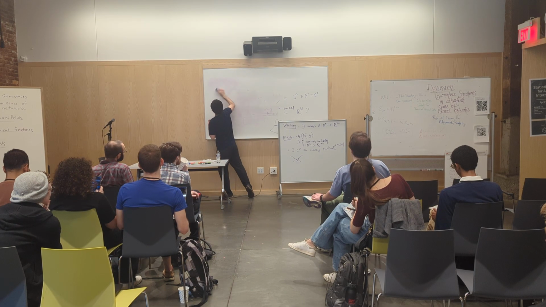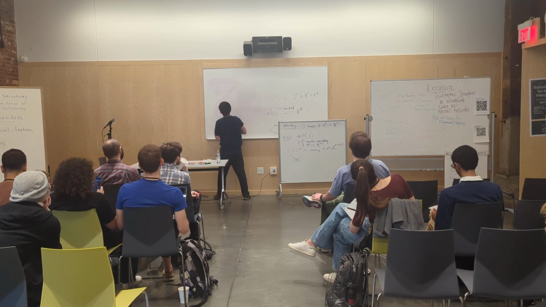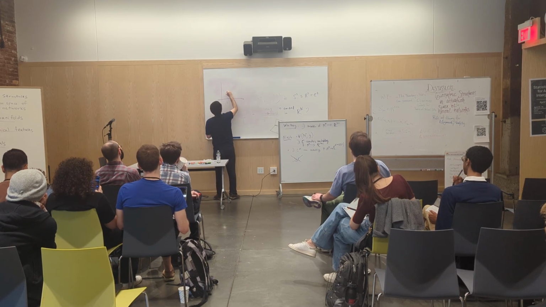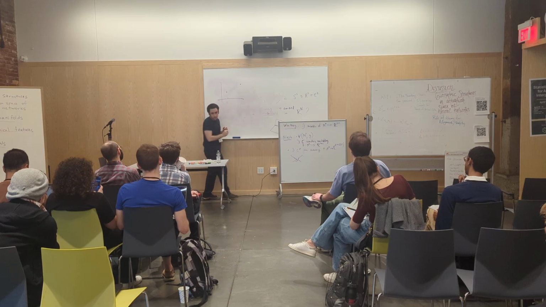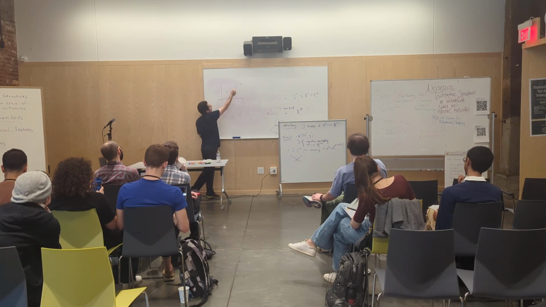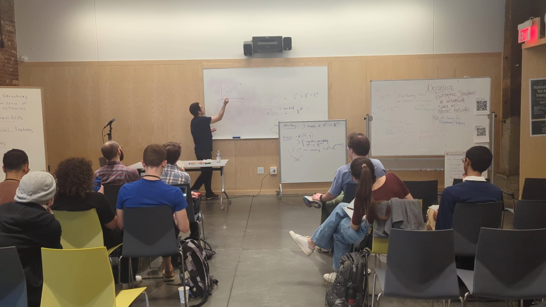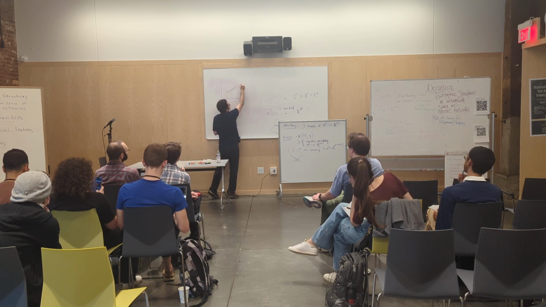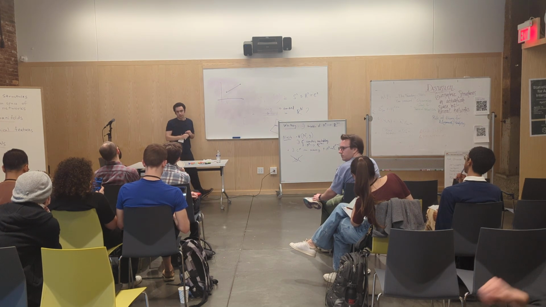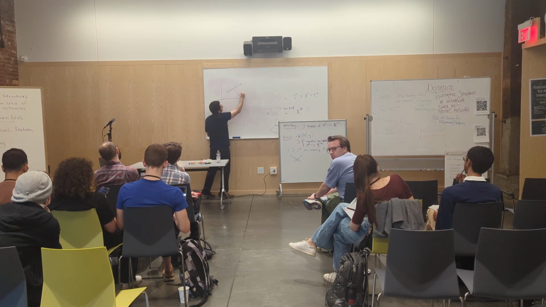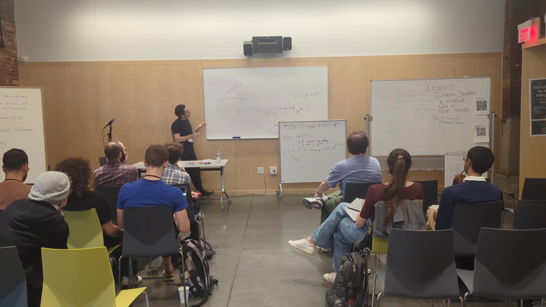And so if you specify that the function has to pass through this point to that point, and you ask what is a good function that interpolates between these two, then you pick one, right?